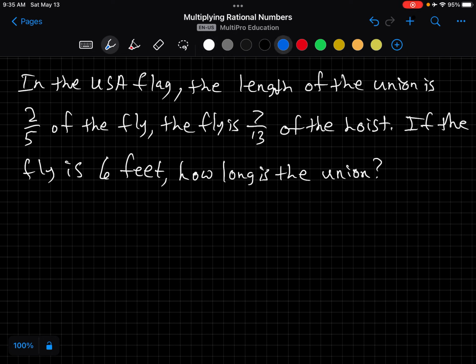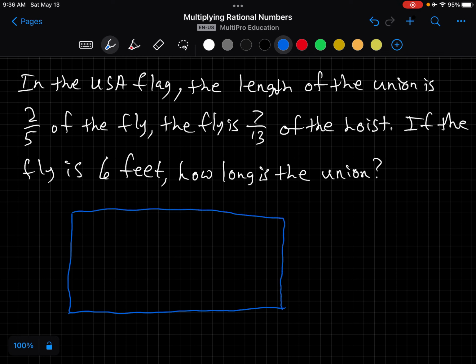All right, so let's look at a flag to try to figure out what we're even talking about. What is the Union? What is the fly? What is the hoist? I'm not very good at drawing, but let's try to imagine that I might be somewhat decent. So we have a flag. It's a rectangular shape. I got that part right, but my edges are not very straight.